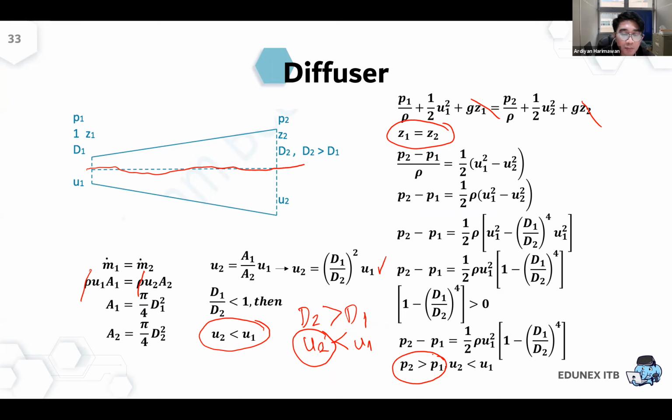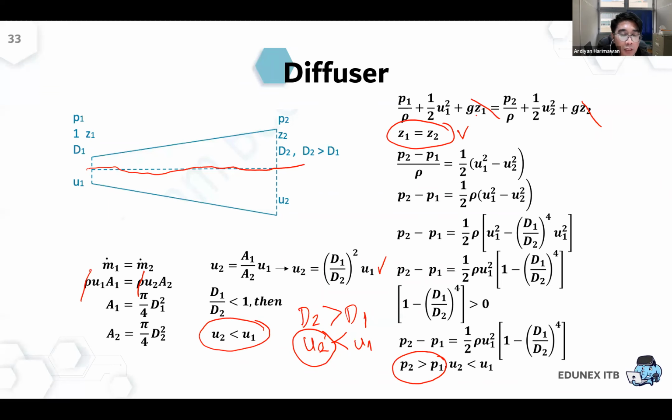You can imagine, right? In Bernoulli, the static energy is constant because the height is constant, and the kinetic energy is higher at the outlet because the velocity is higher. It means the pressure energy becomes lower. The pressure becomes lower at the outlet.